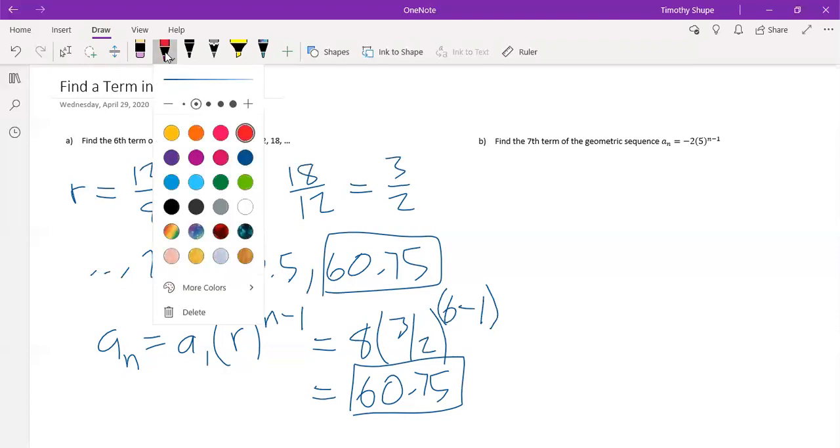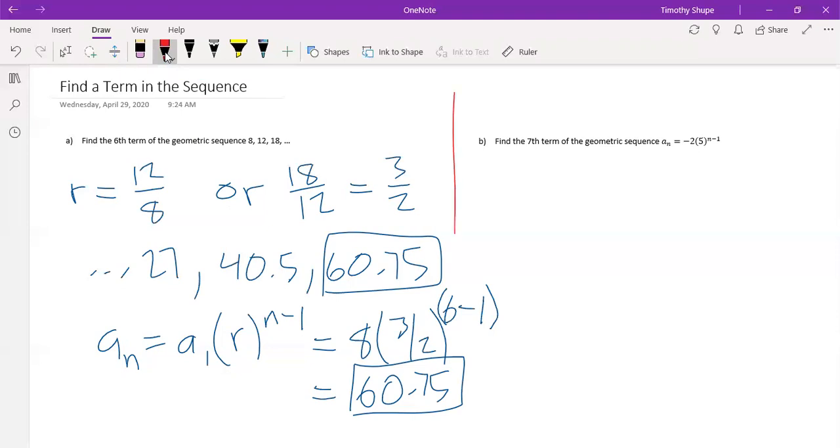Now we can look at the second one, which is very similar to that second way we did it, and we want to find the seventh term of the geometric sequence, defined by a sub n equals -2 times 5 raised to the n minus 1. Now, if it's already in that form where we have the equation, it makes it really easy.